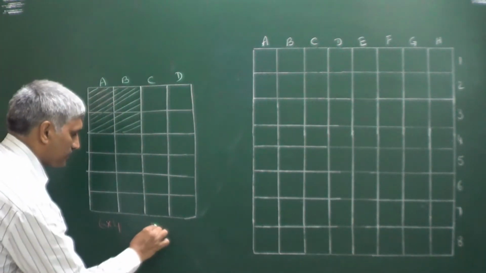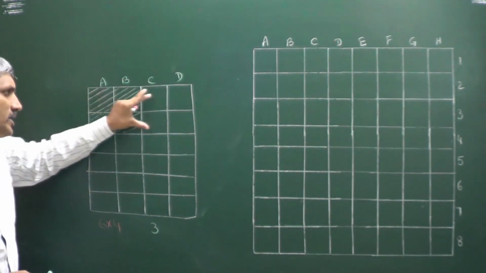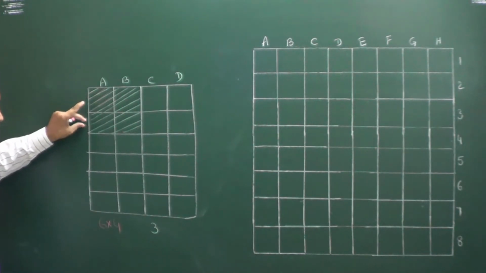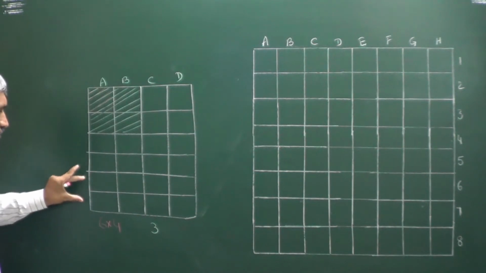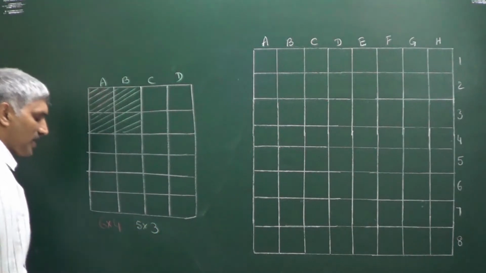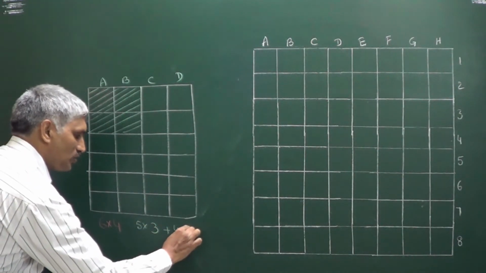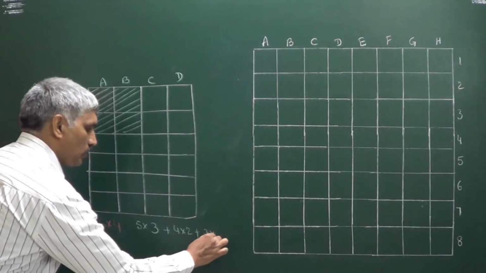So you will get 3 squares along this row. But these type of rows, how many are there? 1, next is 2, next 3, 4, 5 are there. That's why you will get 5 into 3. Next, 4 into 2. And again next you will get 3 into 1.